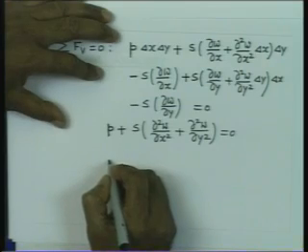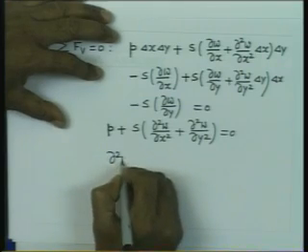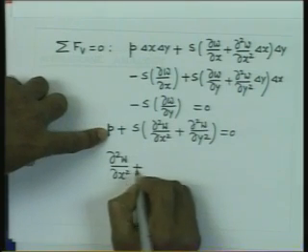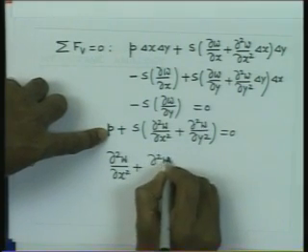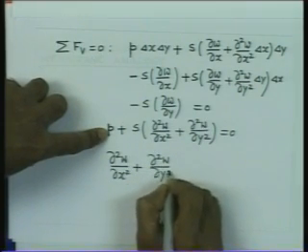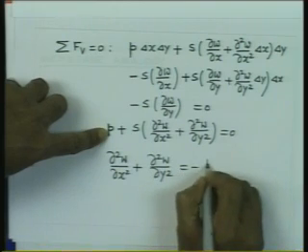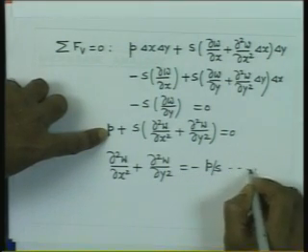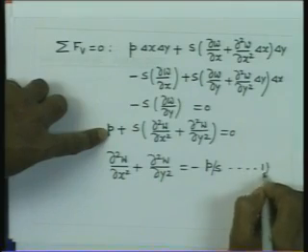On rearrangement, what we have is ∂²w/∂x² plus ∂²w/∂y² is equal to minus P by S. Let us say that this is equation number 1.